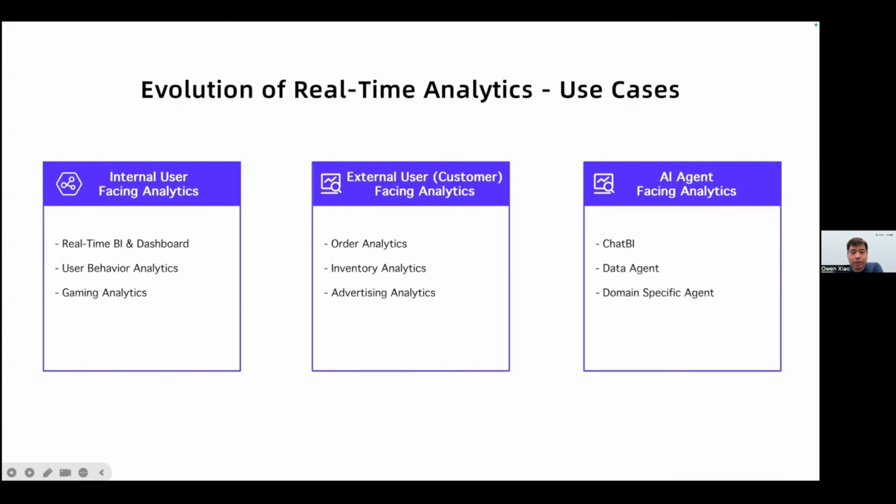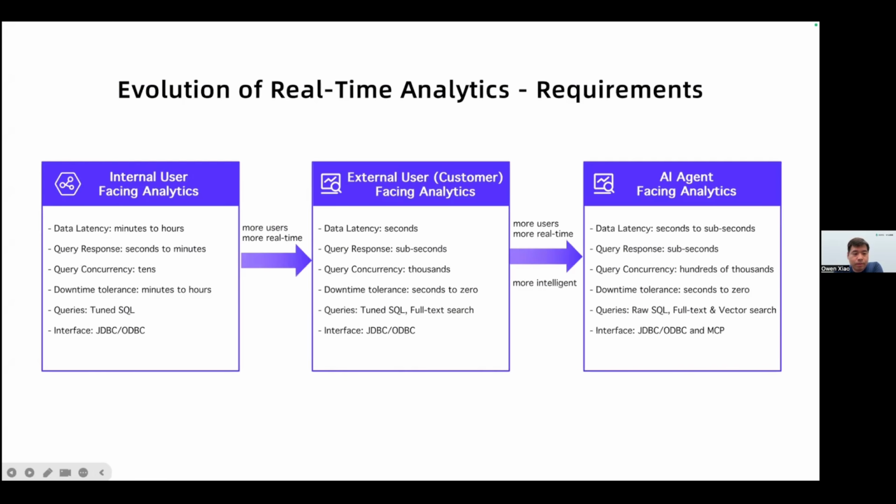And for AI agent, there are more analytical requirements or needs. For example, chat BI, data agent, and some domain-specific agent. For example, digital marketing agent.